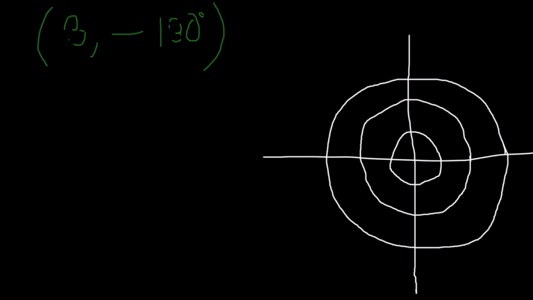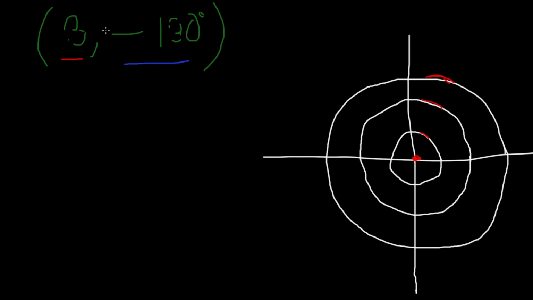All right, so first we see that the first number is 3, the radius is 3, so it's 3 units away from the center, so it's 1, 2, and 3, so the third circle. And then we look at the theta, the angle.